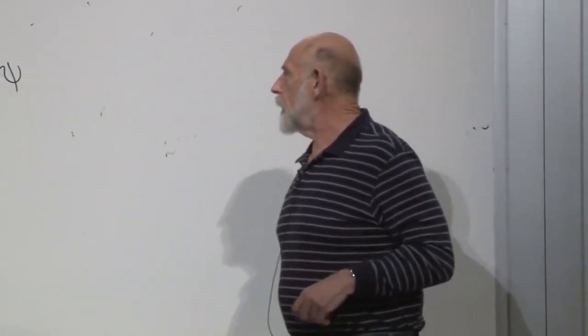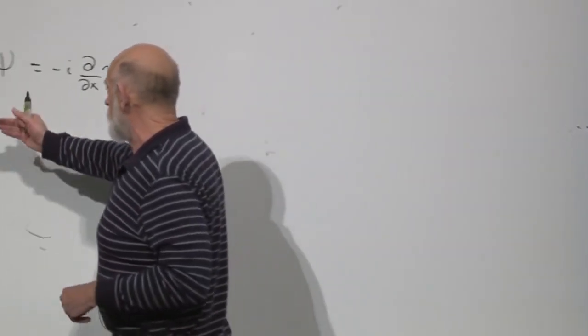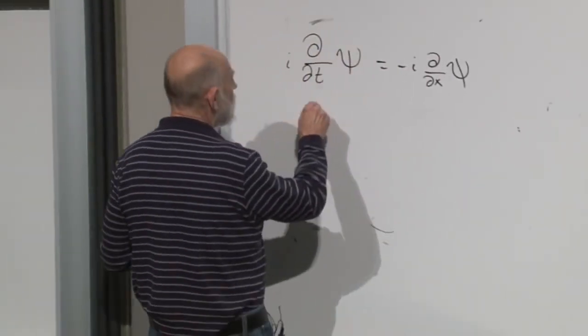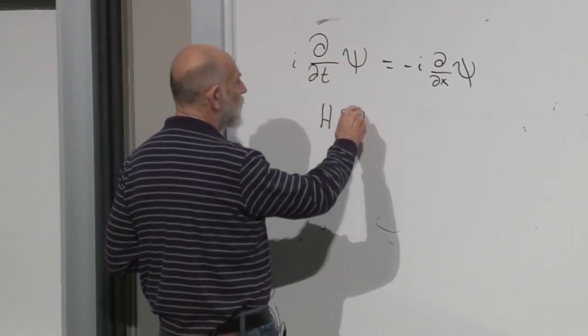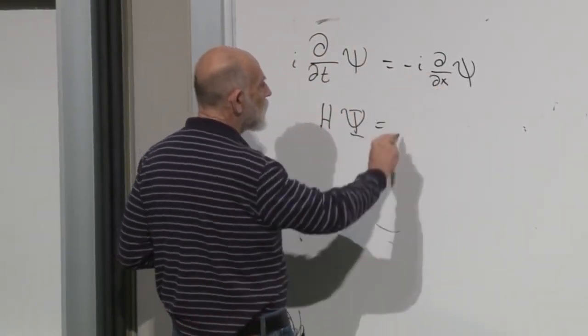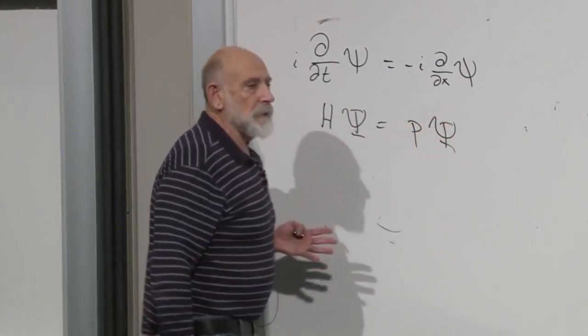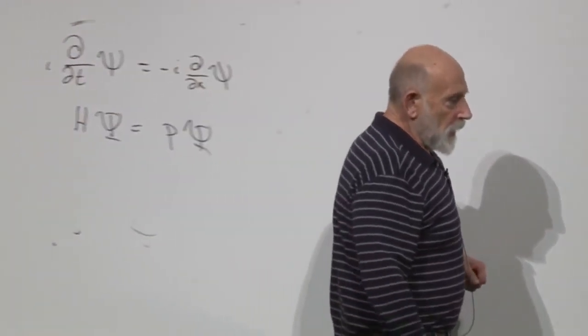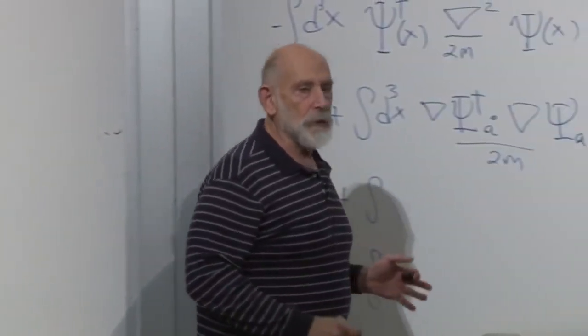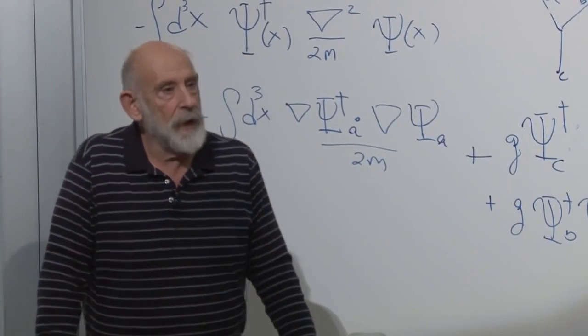This would be the Schrodinger equation, with the Hamiltonian over here. This would be the Hamiltonian acting on psi is equal to the momentum acting on psi. And we would recognize this as just a theory in which the energy of a particle is equal to its momentum. Okay.